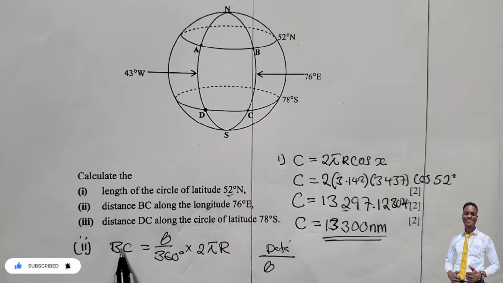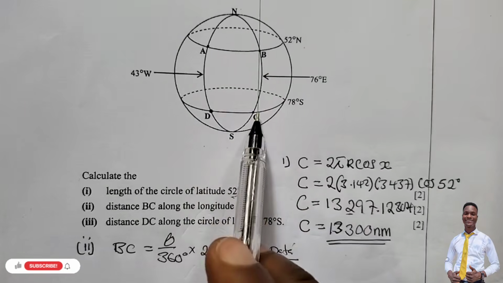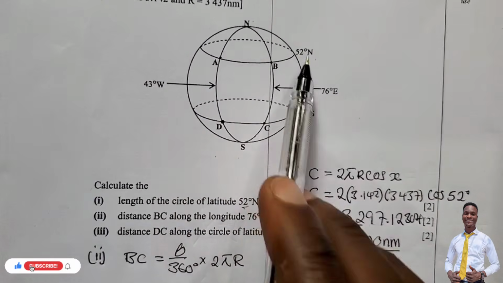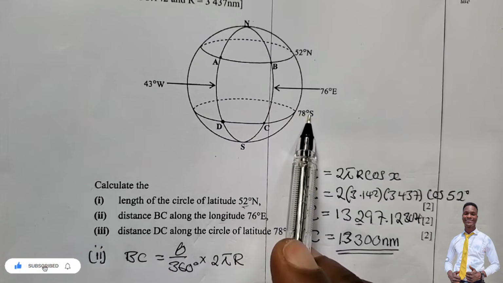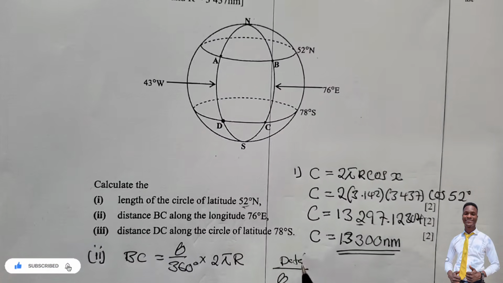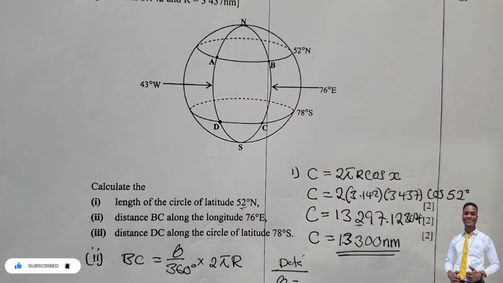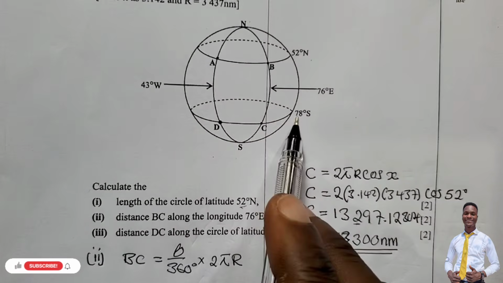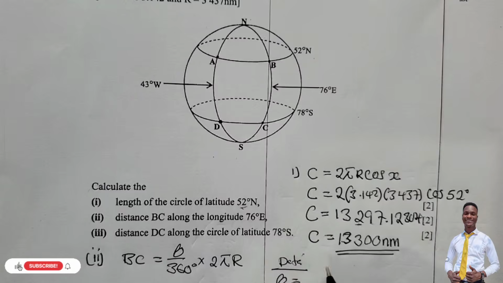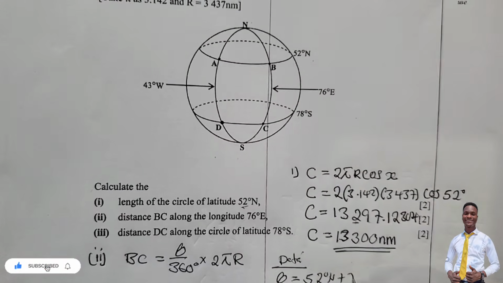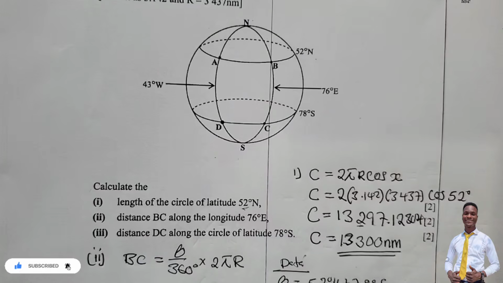Since the distance is along longitude, theta is the difference in latitude between B and C. So this is 52 degrees north, this is 78 degrees south. On different hemispheres we add; same hemispheres, we subtract. If this was south-south, we would have subtracted.